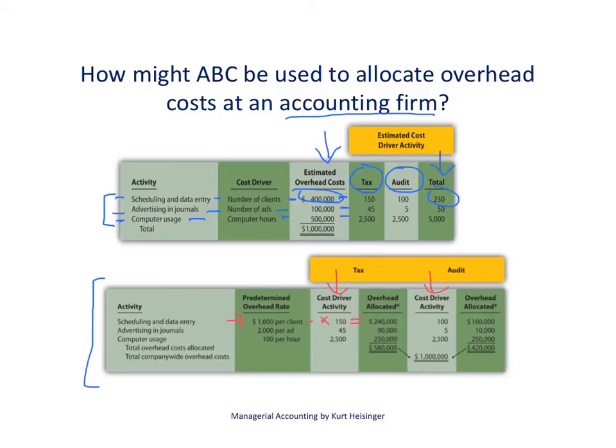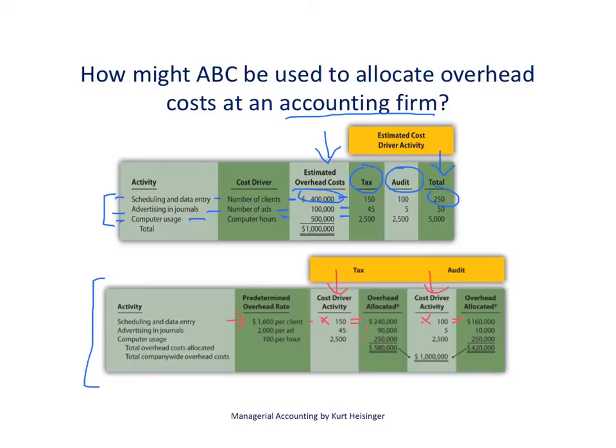And we do the same math for the audit department. We'll take $1,600 per client times 100 clients for the audit department, and that means that $160,000 in overhead related to this activity gets allocated to the audit department. We do that exact same math for the other 2 activities to get the amount of overhead that's allocated to each of these departments. $90,000 related to advertising for tax, $250,000 related to computer usage for tax, and so on.